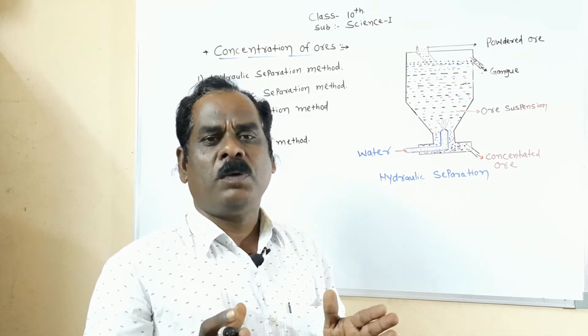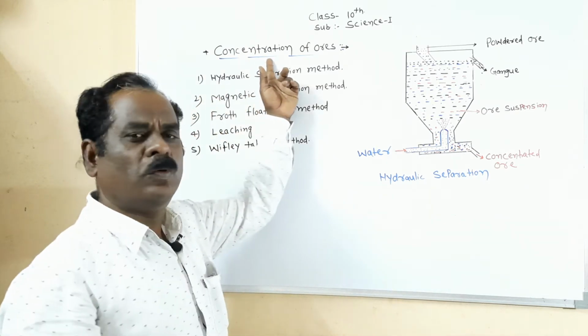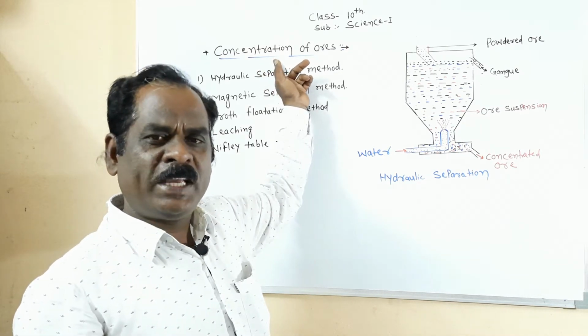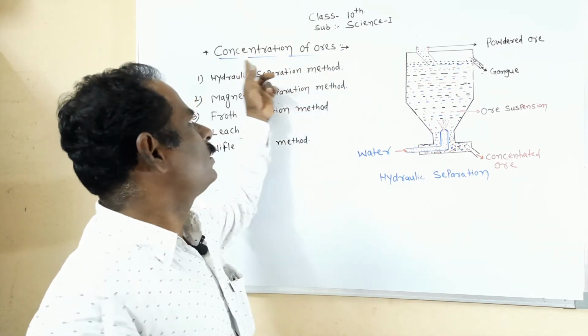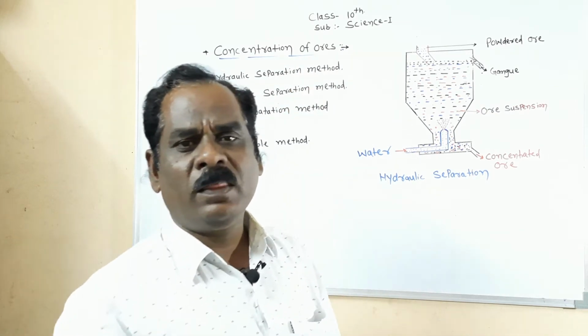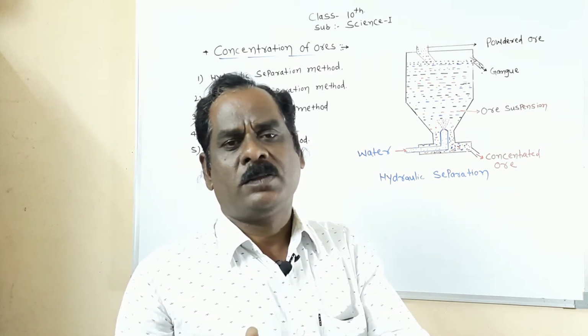The first step in the extraction of metal is the concentration of ores. Today I will teach you the next point in this chapter, the concentration of ores. You know that ores contain some impurities along with the metals.